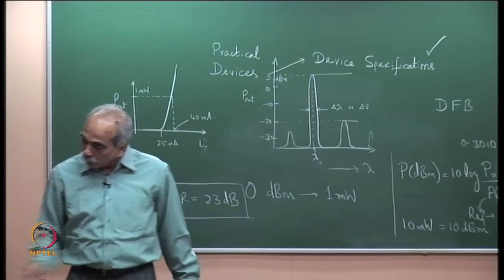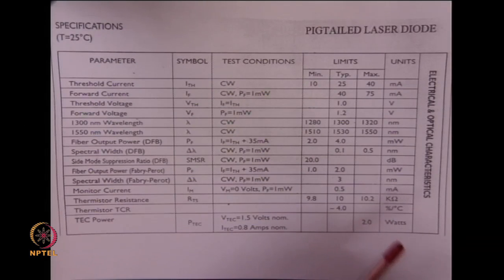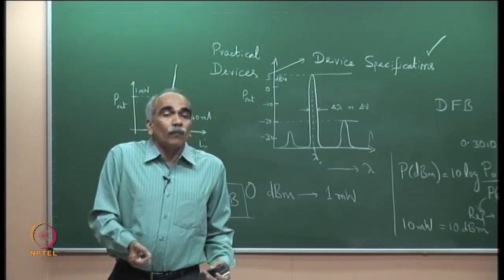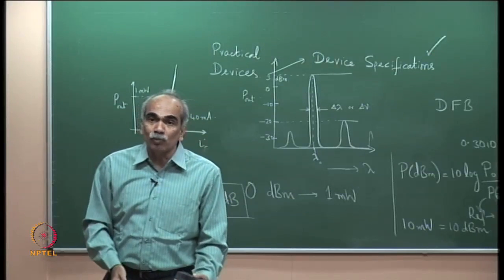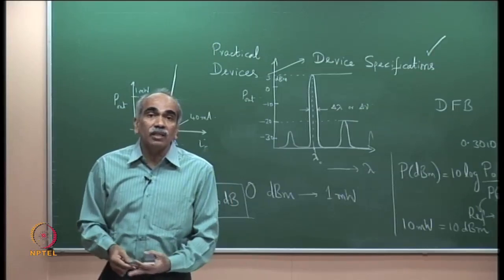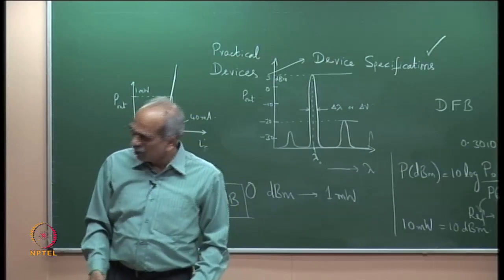If originally the thermistor was 100 ohms, then 1 degree increase is -4%, so it will come down to 96 ohms.